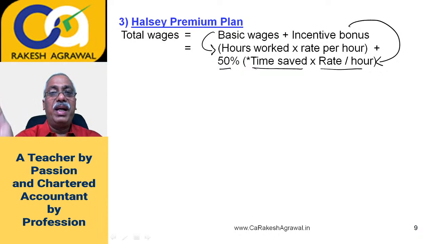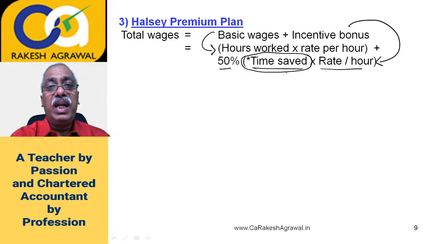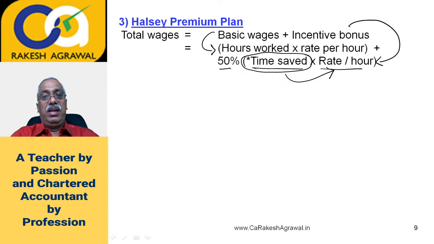Now what's the logic behind it? If a worker has saved some time, then we convert that time saved, we multiply it by rate per hour. Suppose time saved is 5 hours, just for example's sake. And the rate at which we pay workers is rupees 30 per hour. So if the worker has saved 5 hours into 30 per hour, our organization has saved rupees 150.